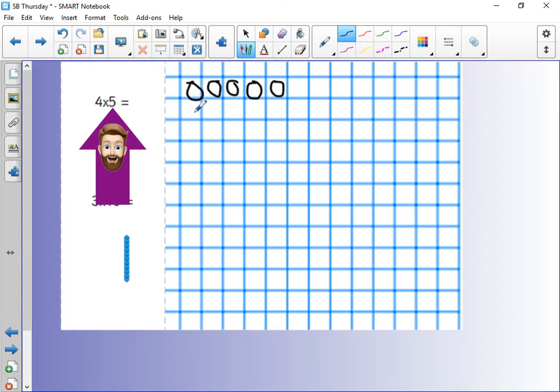There's my first group of 5. Here's my second group of 5. My third group of 5. And my fourth group of 5.